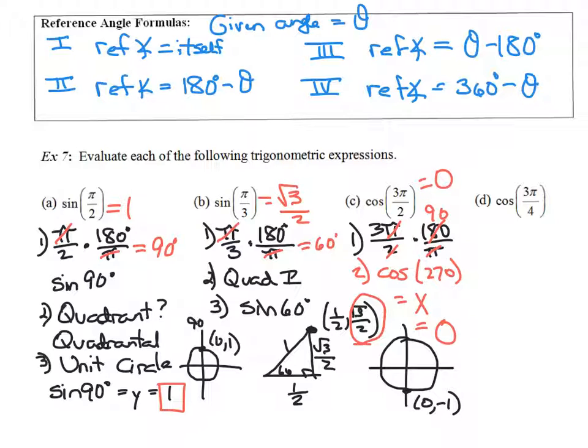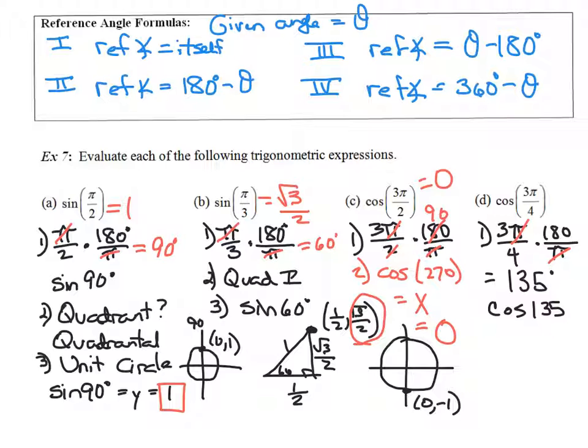And let's finish the last one, cosine of 3 pi over 4. Step number 1, convert 3 pi over 4 over to degrees. Multiply by 180 over pi. Cancel the pi's. And this is telling me that I have an angle of 135 degrees. So I want the cosine of 135.